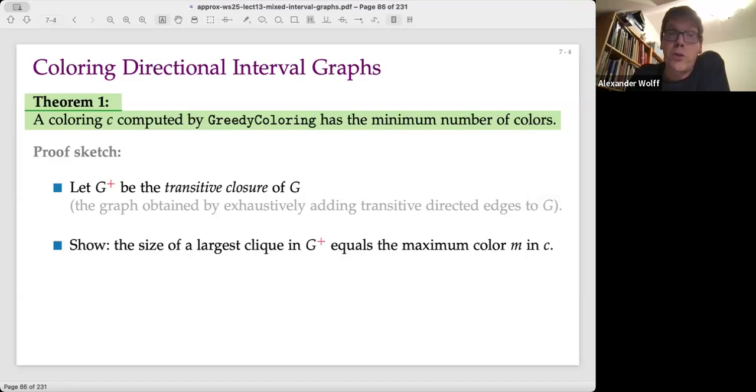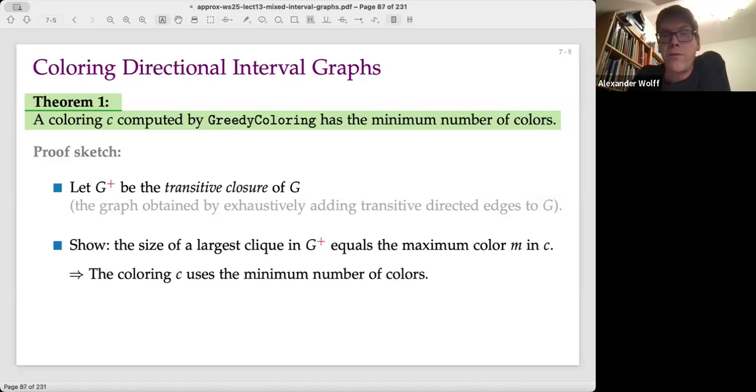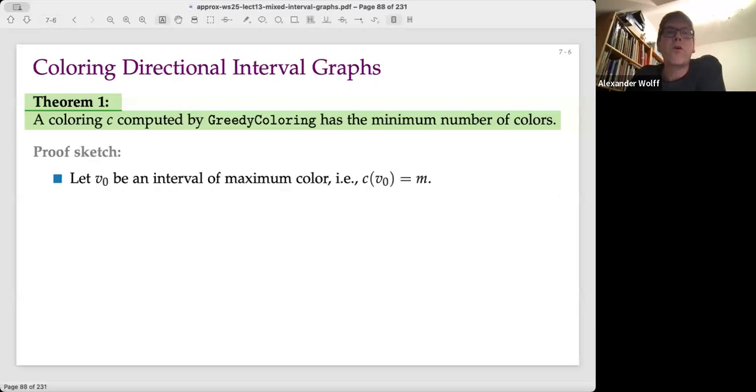And now I want to show that actually in that graph, the size of the largest clique corresponds to the number of colors that the algorithm uses. And if this is true, then the coloring is optimal.